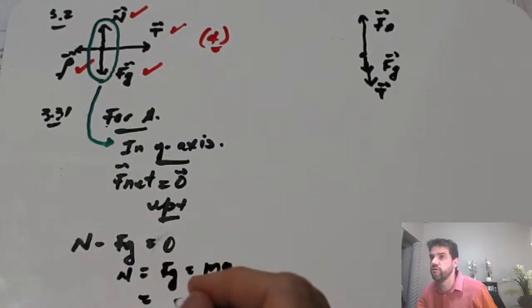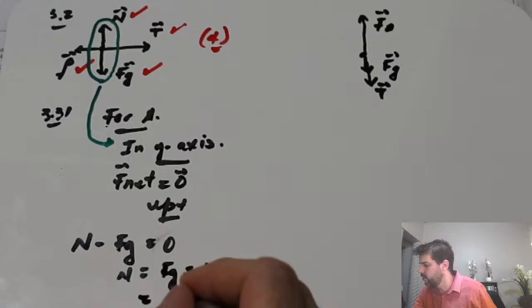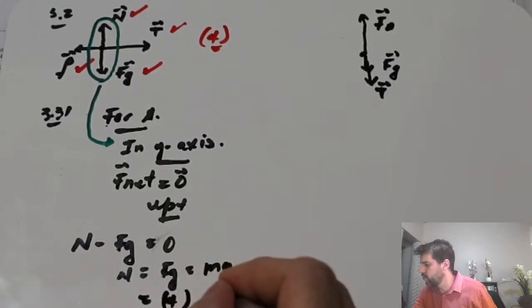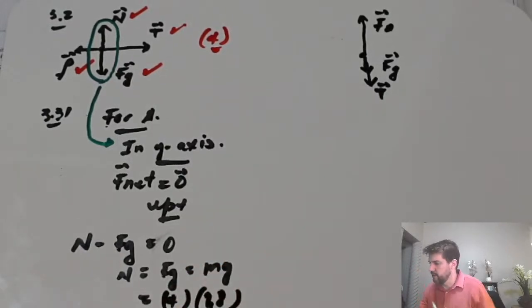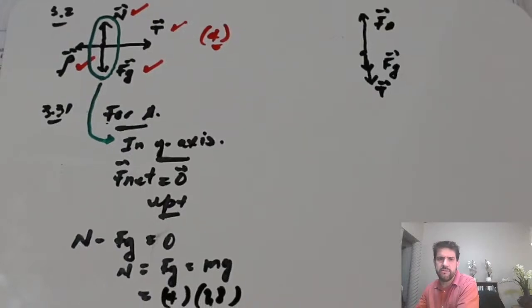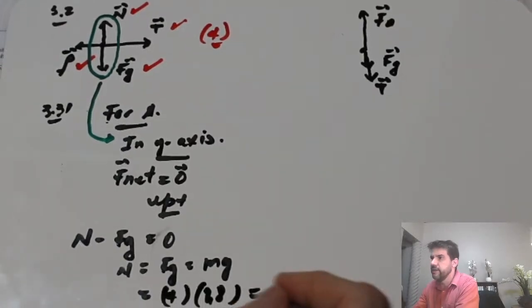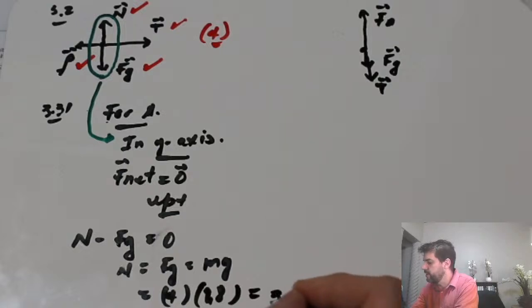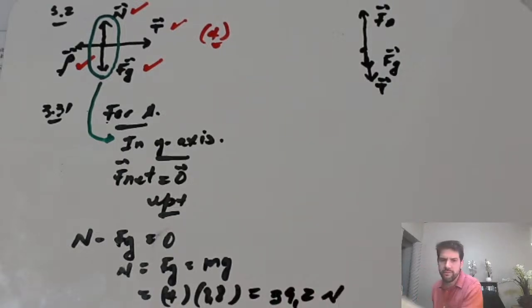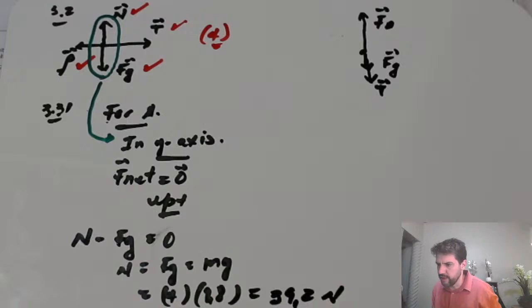When you substitute, we have 4 multiplied by 9.8. Let me move it a little bit up. There we go. This is going to be equal to 39.2 Newton.